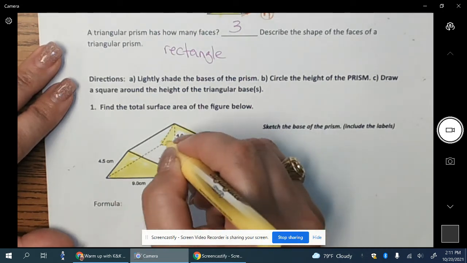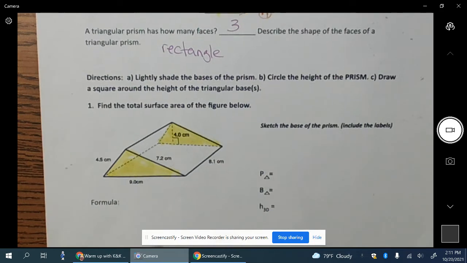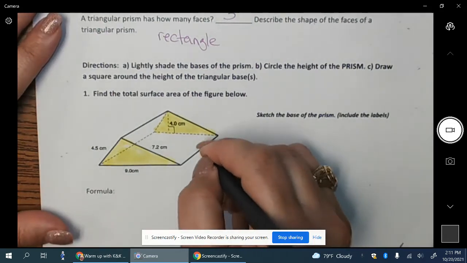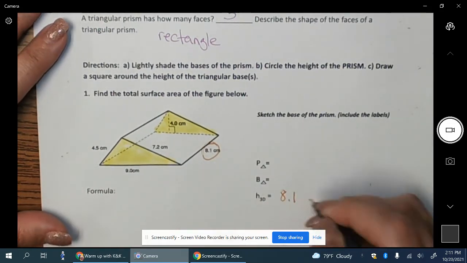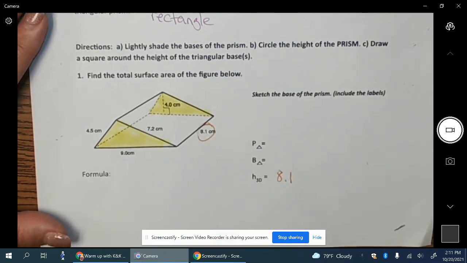After you shade your base, what do I want you to do? Circle your height. Okay, I want the height of the prism, not the height of the triangle. What's the height? 8.1. Good. What is 4 the height of? The height of the triangle. Okay, you need that later. We don't need it now.